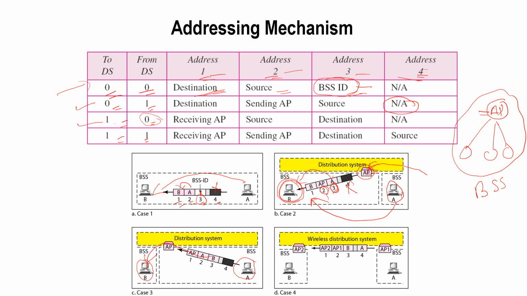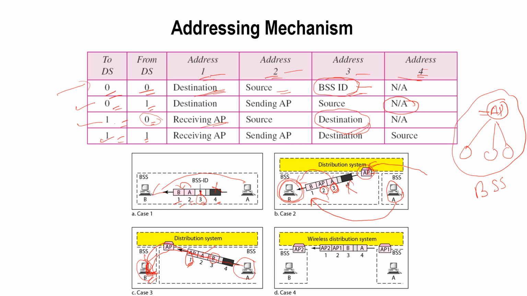The receiving access point address is stored at location 1 here, the source address is A, and the destination, in the third field, is B. That is, the packet started from A and is moving to another BSS, the BSS which contains B.